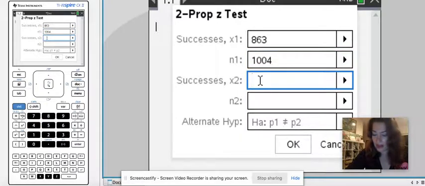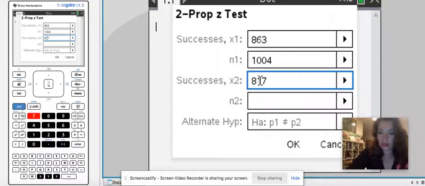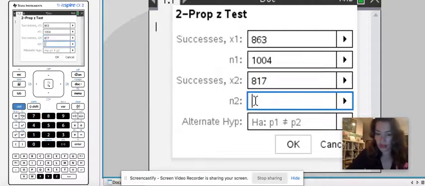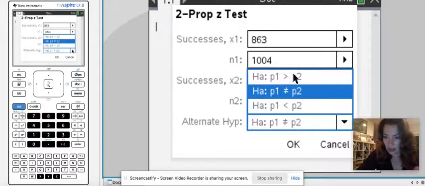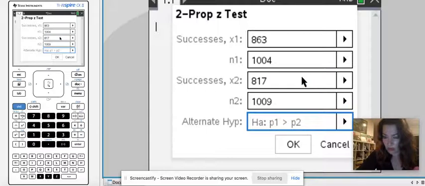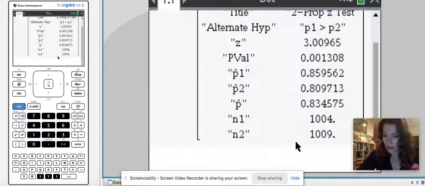The second sample I'm entering is the Brits, which is 817 over 1,009. And the test we are going to check is that p1 is greater than p2. In other words, the Canadians read more than the Britons, and then press OK.